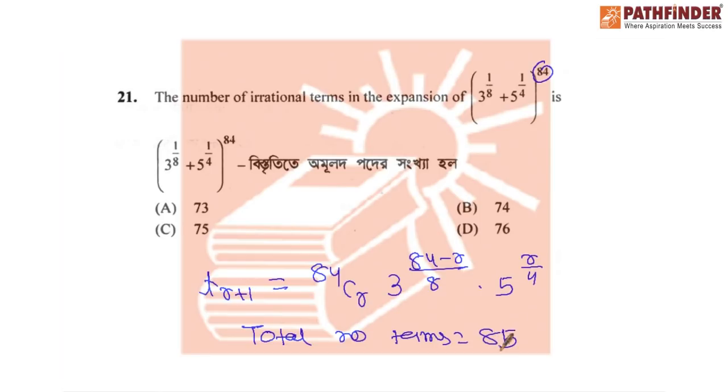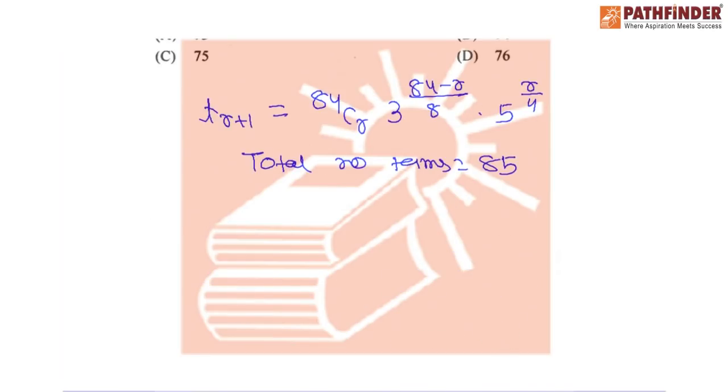Now we will calculate the number of rational terms. Rational terms means R must be a multiple of 4. So R must be either 0 or 4 up to 84. And since 84 minus R is also a multiple of 8, it has to be an integer. So for this to satisfy, R must be equal to 4 or 12 and so on. So total number of terms for which both of these satisfy is 11 terms.